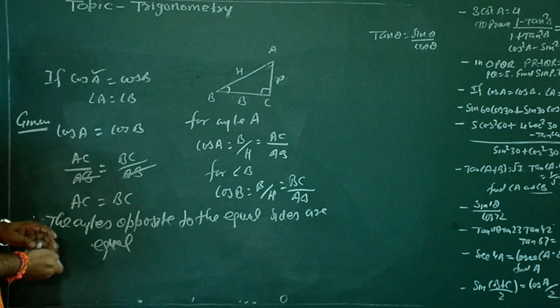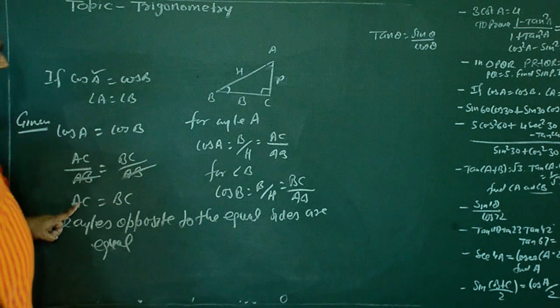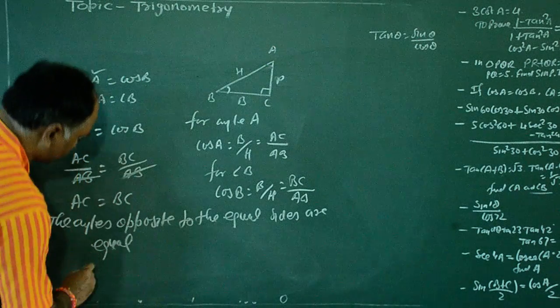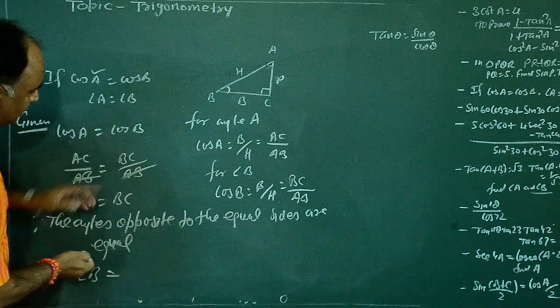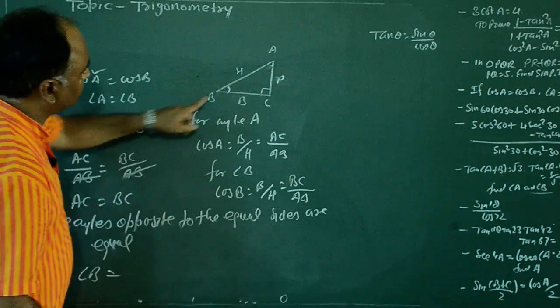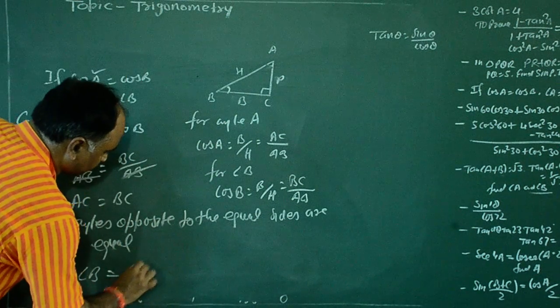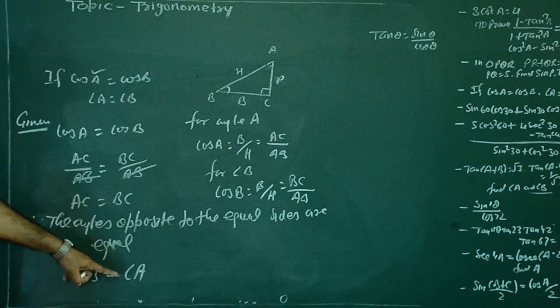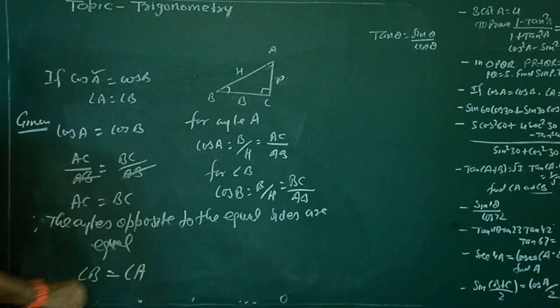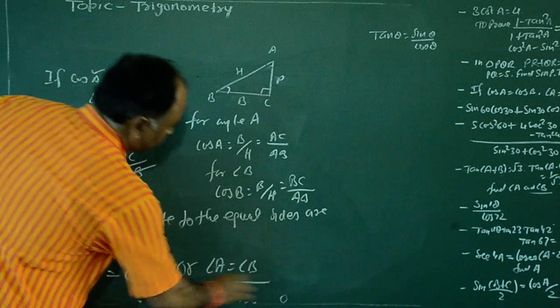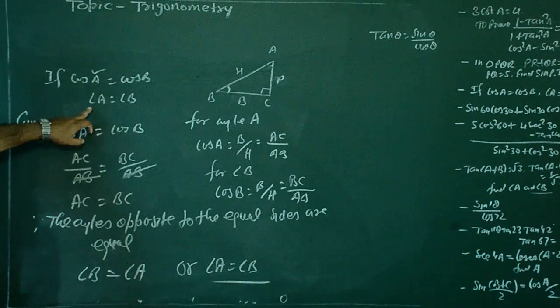Now the angle opposite to AC is B, so you have angle B, and the angle opposite to BC is A, so you have angle B equal to angle A, or you can write angle A equal to angle B, and you had to prove this.